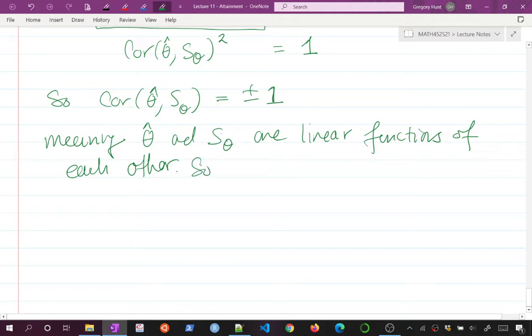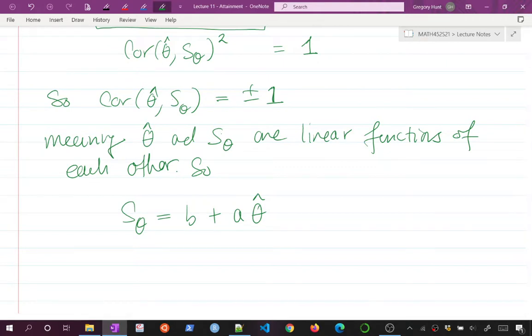So what this means is that we could write the score as some b plus a times theta hat. You might recognize a from before.